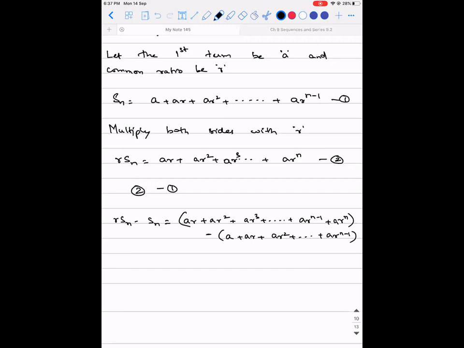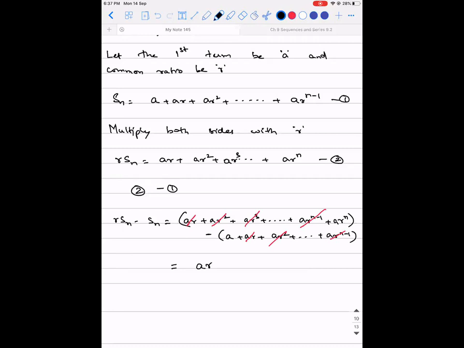Tell me what all terms get cancelled out. If you use the red color to cancel it, AR is cancelled. AR square is cancelled. AR cube is gone. Similarly, it will stop with AR power n minus 1. So what are you left with?